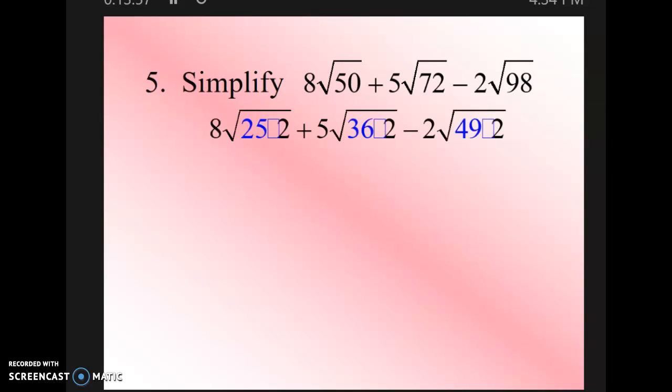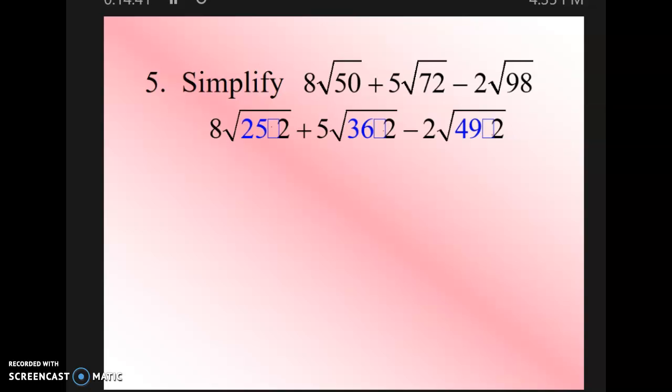So you have 8 square root of 25 times 2. 25 is a perfect square. 72 can simplify to 36 and 2, and 36 is a perfect square. 98 can simplify to 49 times 2, and 49 is a perfect square. Remember, these are dots in between here because we're going to multiply these. The two numbers down here multiply to make it.